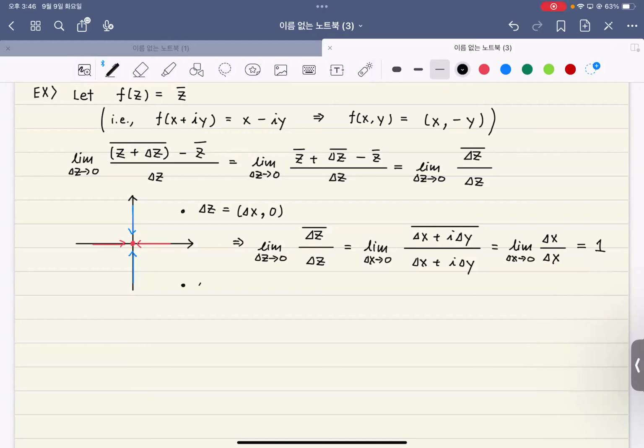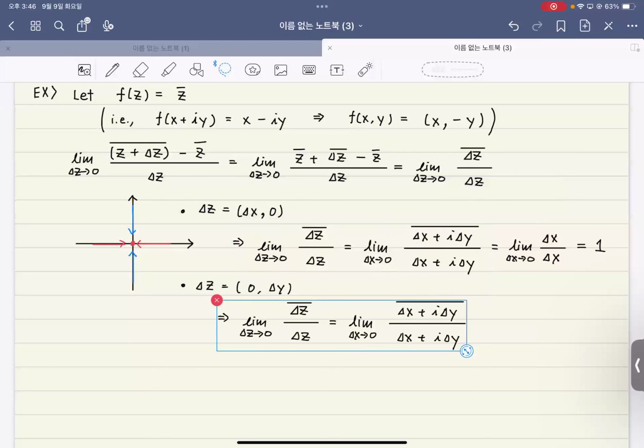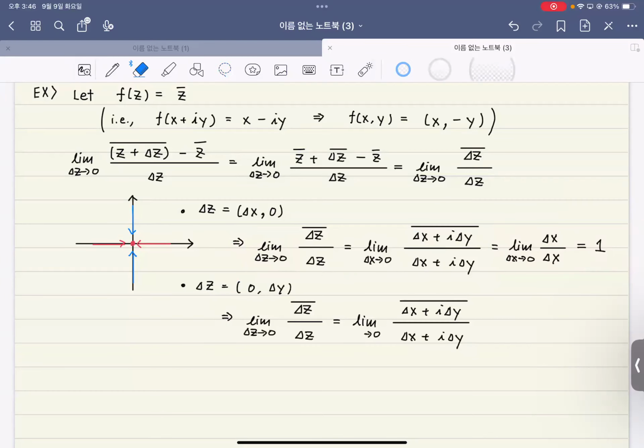On the other hand, if I choose to follow the imaginary axis, then delta y should be tending to 0, and this time delta x equals 0.